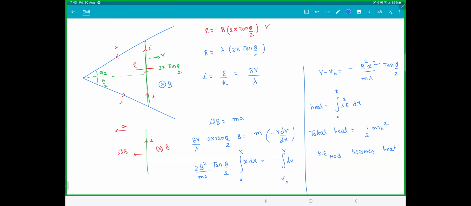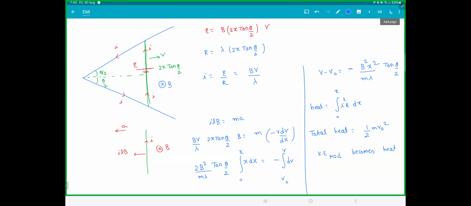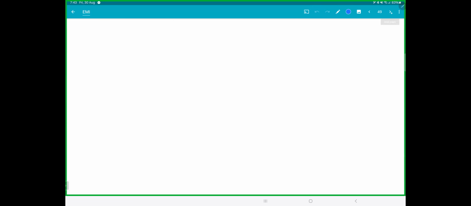It's a good one. It's a variable resistance. We have a resistor. We have vertical conducting rails and we have a rod of mass M and length L. It is just touching.